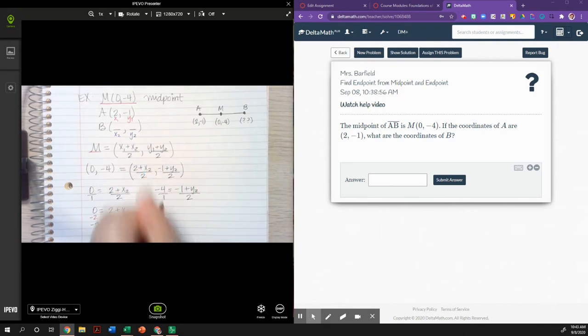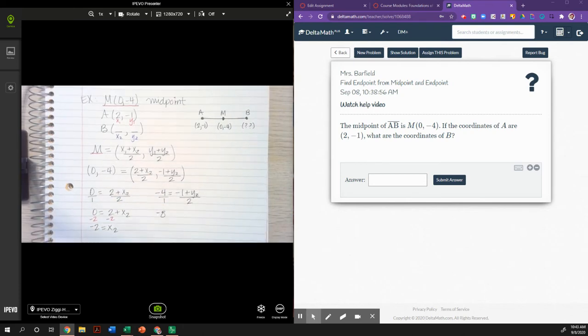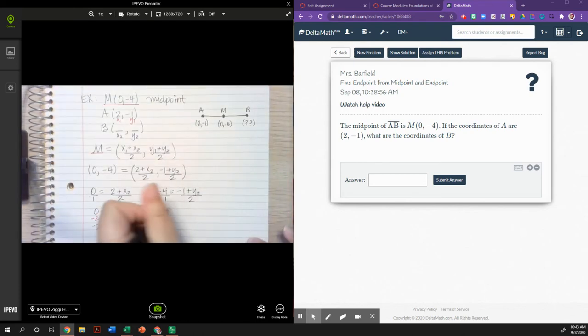I'm going to cross multiply. 2 times -4 is -8 equals 1 times that is that, so -1 plus y2. I'm going to add 1 to get the variable by itself. So I get -7 equals y2.